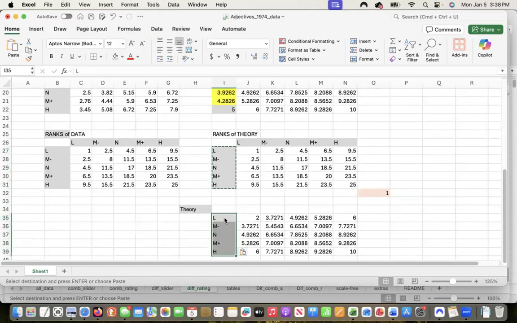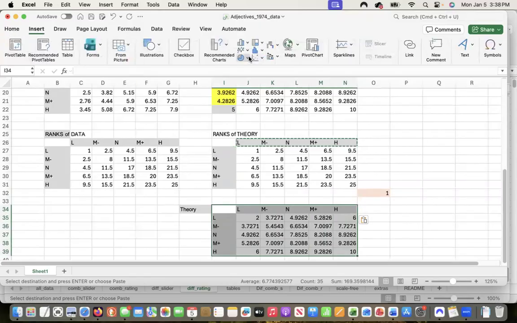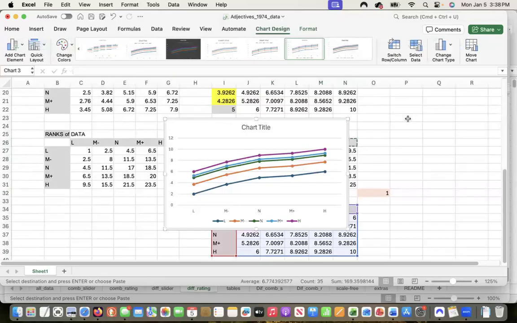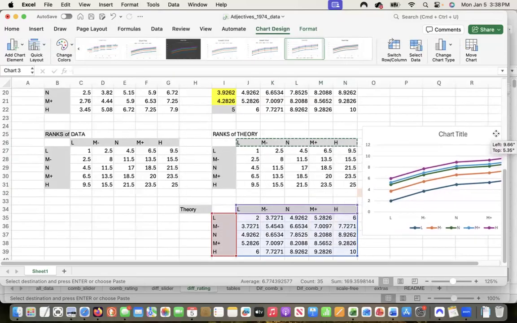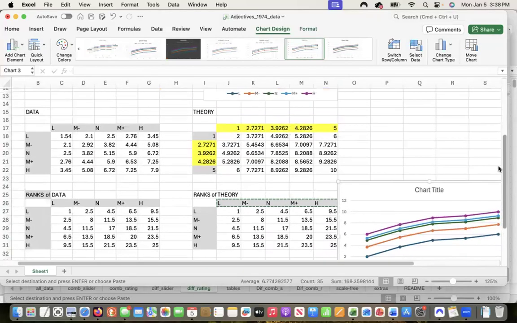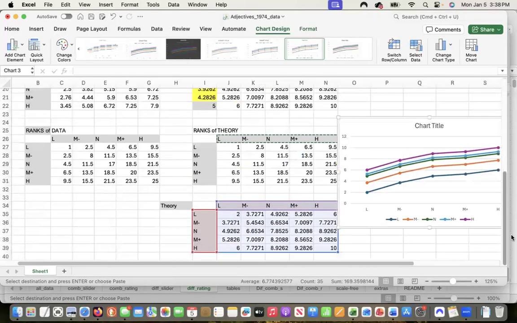Bring down the labels and remind us what they are. We can draw a graph of these values. And you see they're parallel. And what that says is that these data can be transformed to produce these data monotonically.